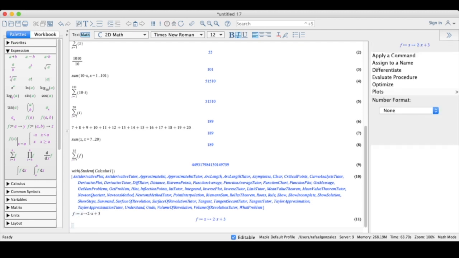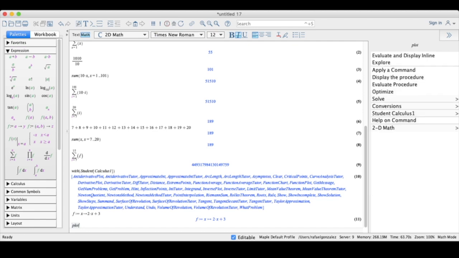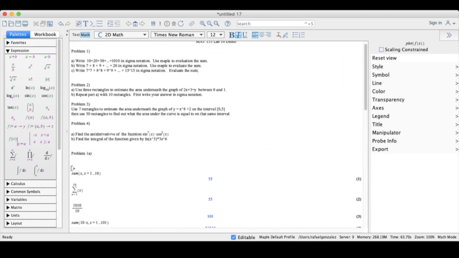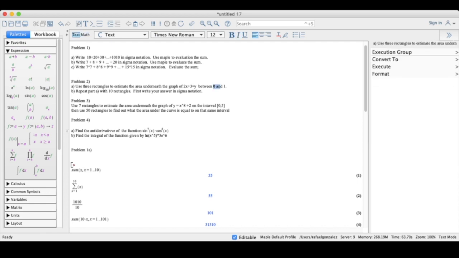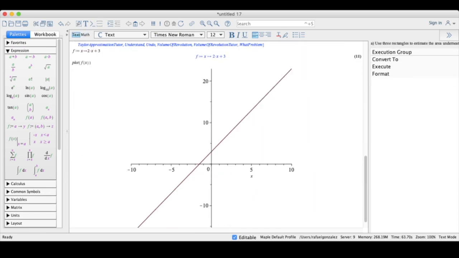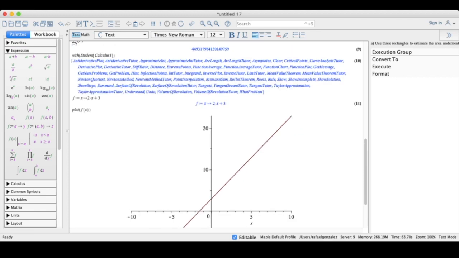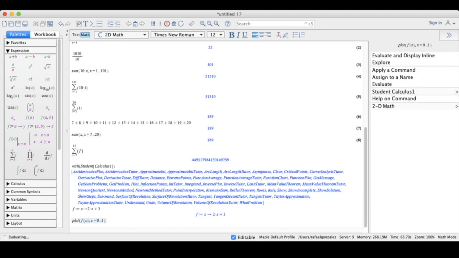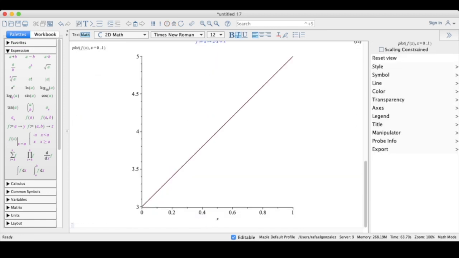So that is what f is. It's a linear function, so we can expect the graph of it to look like a line with a y-intercept at 3. We're interested in finding what the area is between the interval 0 to 1. So mostly we're interested in this particular interval right here.